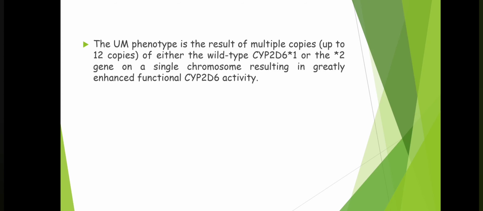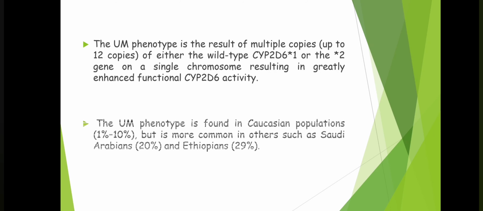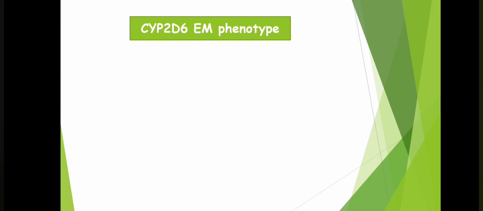The UM phenotype is the result of multiple copies, up to 12 copies, of either wild type CYP2D6*1 or the *2 gene on a single chromosome, resulting in greatly enhanced functional CYP2D6 activity. The phenotype is found in 1 to 10% of the Caucasian population, but is more common in others such as Saudi Arabians, 20%, and Ethiopians, 29%.